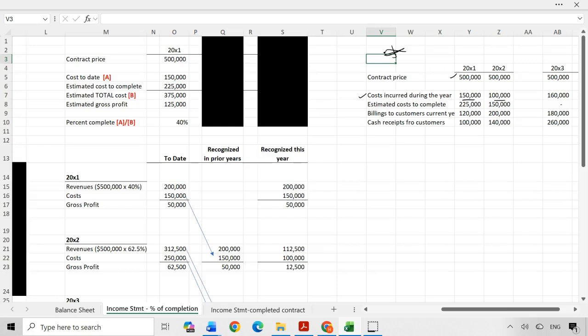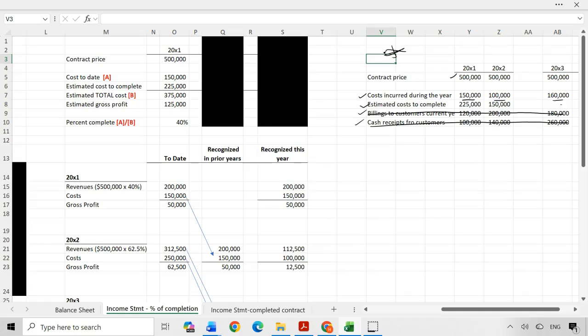So this is the cost that the company incurs each year to build this building. We're given the estimated cost to complete that building, what the company thinks it will take, and the billings to customers during the year and the cash receipts, but these are really only applicable to the balance sheet side. So for purposes of this video, we're not going to be focused on those items at all.